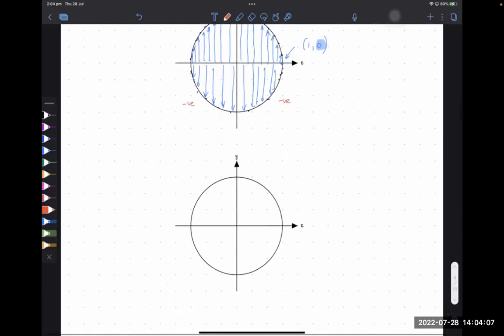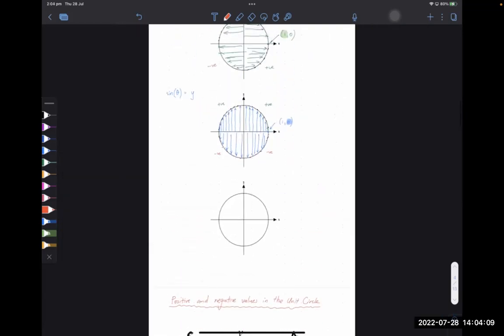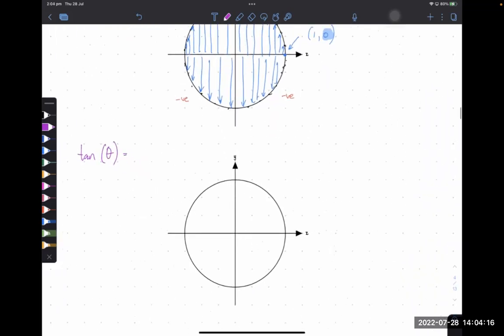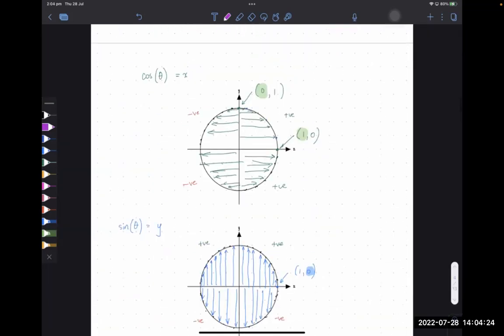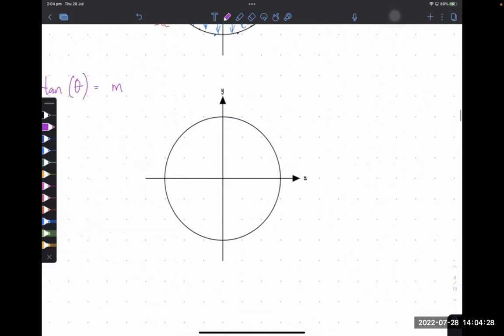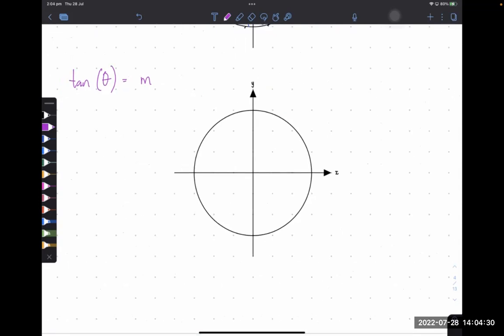Last but not least, we're going to cover the idea of tan. What does tan measure? Gradient. Okay, I'm just going to write M, because M stands for the gradient. Now, instead of vertical or horizontal lines, we're looking at the angle that the line makes.